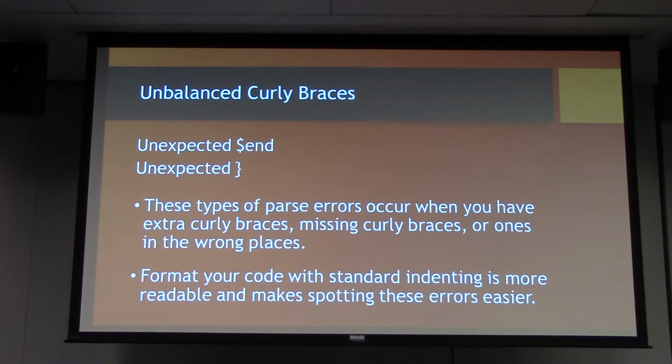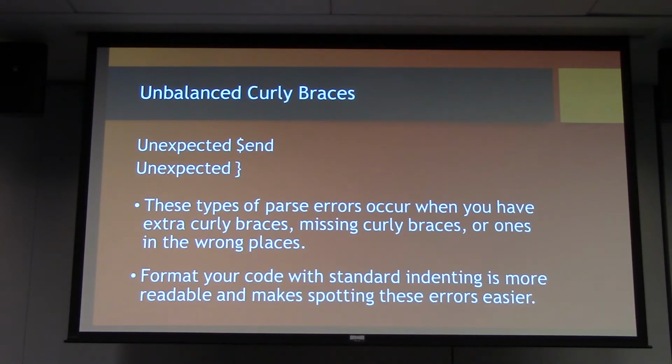Unbalanced curly braces are another common one, and they can be difficult to track down. In PHP, you usually get an unexpected end error or an unexpected curly brace. This usually happens when you have an extra curly brace, or you're missing one, or you have one in the wrong place. The easiest way to track down this type of error is to make sure you're doing standard indenting on all of your code.